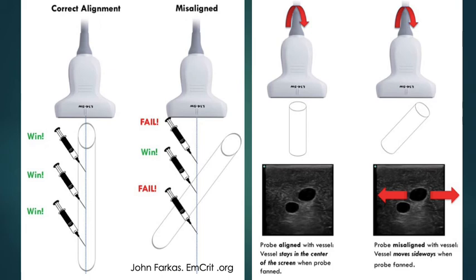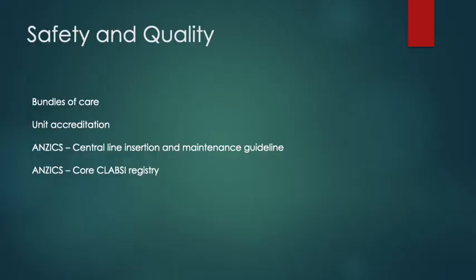If on your screen the vessels move from one side to the other, then you're not well aligned, because what you're seeing is a cut through at a different point of the vessel. So do that as a little check to make sure. Then when you're actually going in with your needle, you can follow your needle all the way along the vessel until you finally enter right at 12 o'clock, which I know you can do.